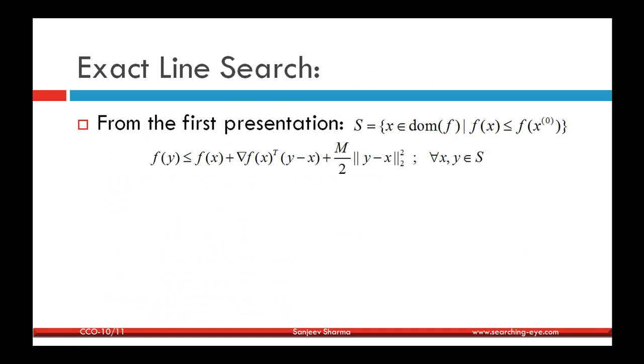So now we will focus on the rate of convergence of the gradient methods using the exact line search and the inexact line search. Here I will derive the result for the exact line search, and the derivation for the inexact line search you can look up in chapter 9 of the book Convex Optimization.